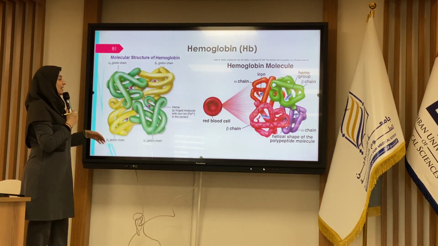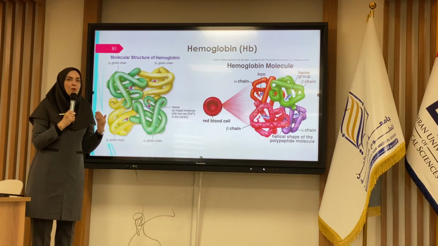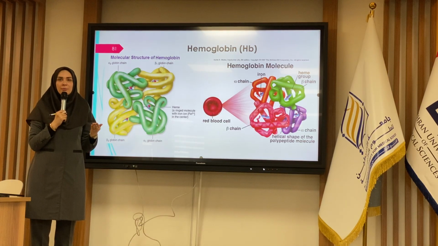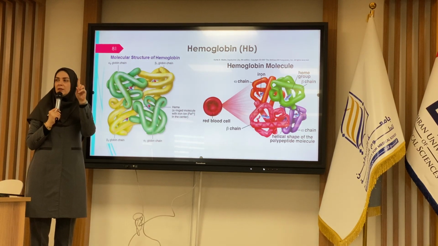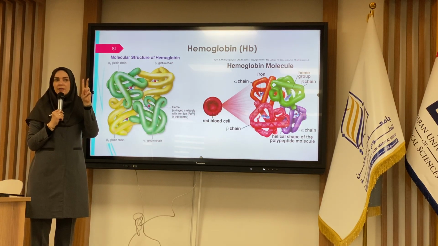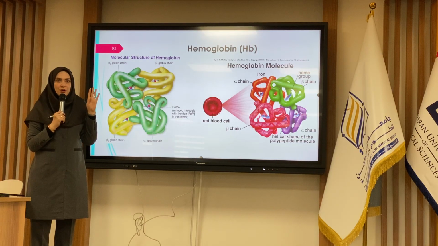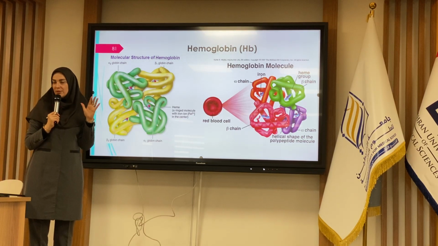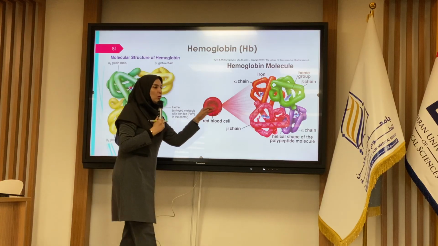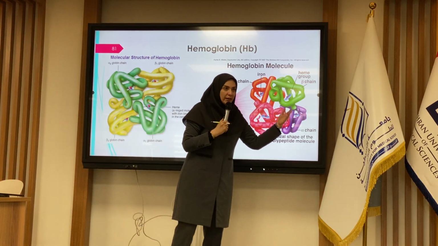As I mentioned, this is tetrameric. What does tetrameric mean? You have mono, di, tri, tetra, penta. So we say hemoglobin is a tetrameric molecule.